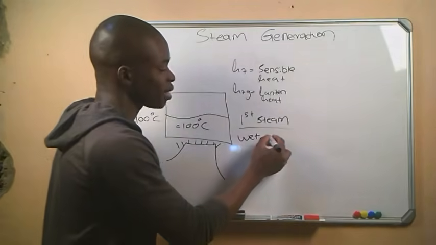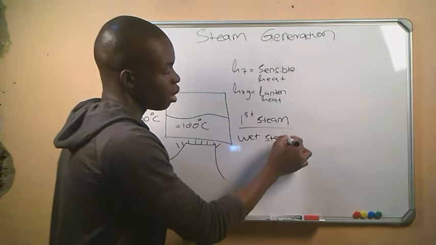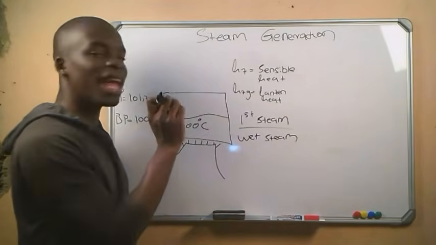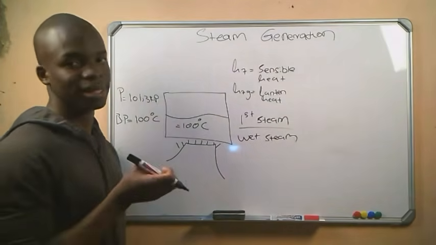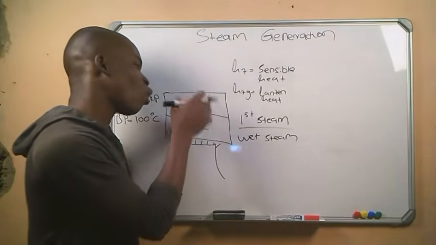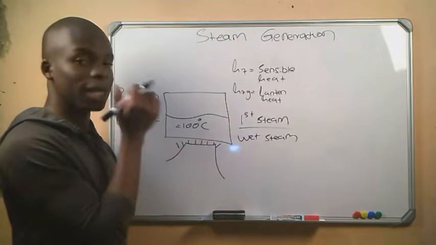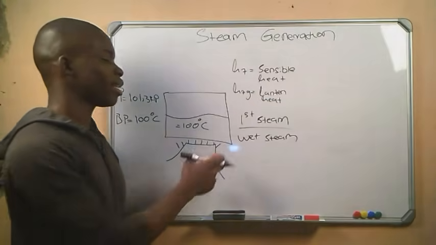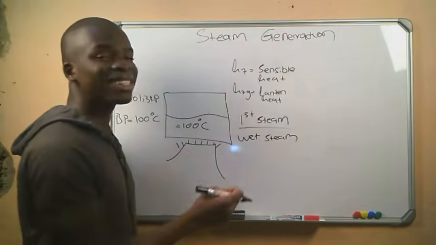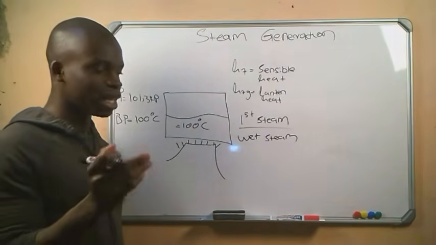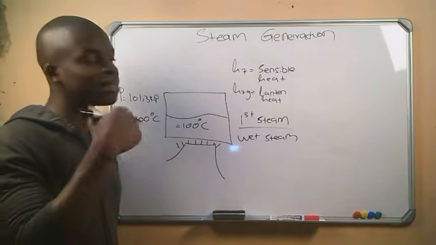Why is it called wet steam? It is because the steam will contain water droplets, meaning that the water inside this container will not have been completely evaporated. That's why we will have a steam that is wet, meaning that it is steam, but it contains water droplets inside it.